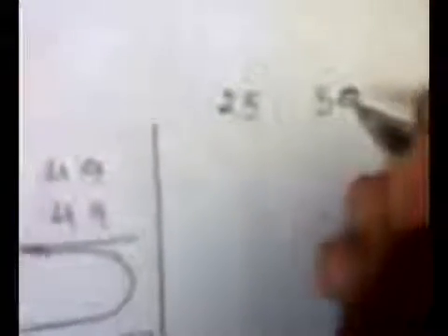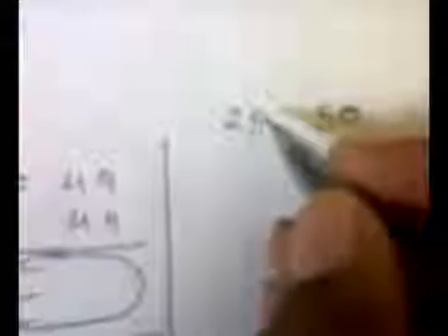Now for calculating 49's square, all you need to do is find out the difference between 49 and 25. It's 24, correct? So here we get the first two digits of our answer. Now find out the difference between 49 and 50. What is that?